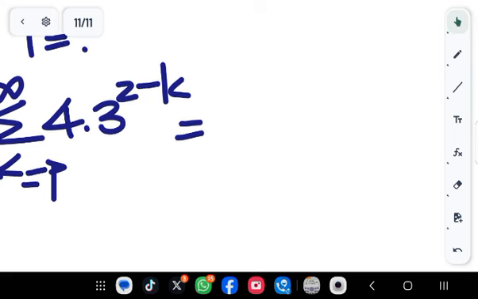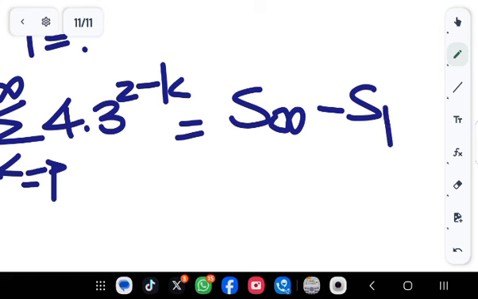is simply equal to the sum to infinity minus the sum of the first p.